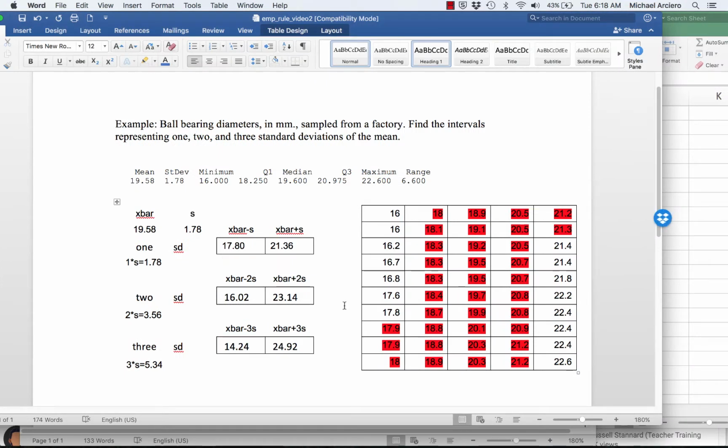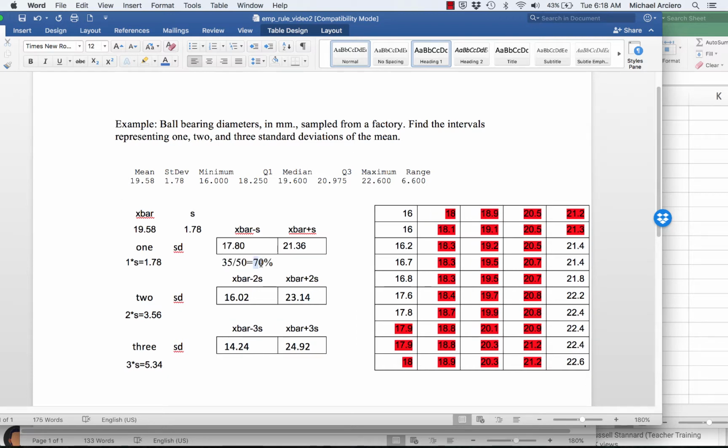Let's see how this works out with our example. Here we have our intervals representing 1, 2, and 3 standard deviations of the mean. I've highlighted in red all the values that lie within 1 standard deviation here. It turns out that there are 35 out of 50 of those, or about 70%.